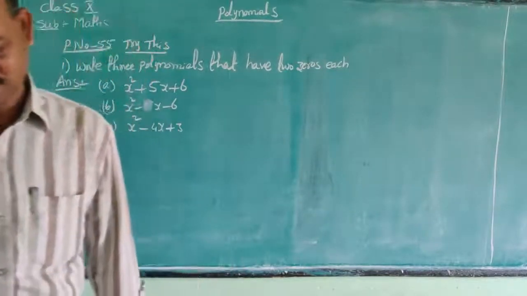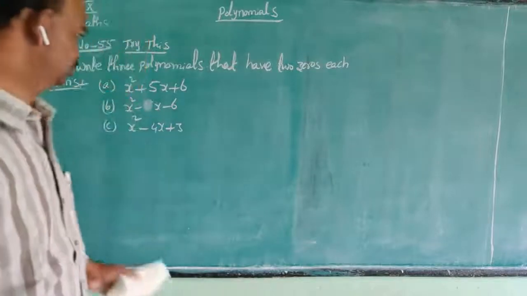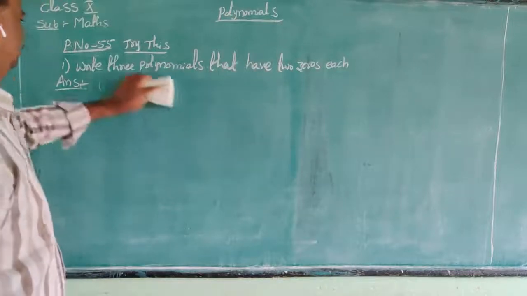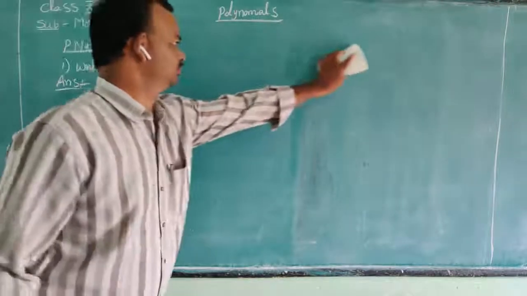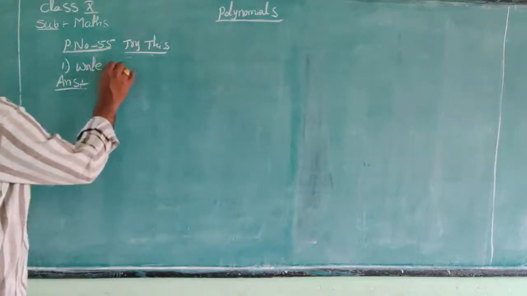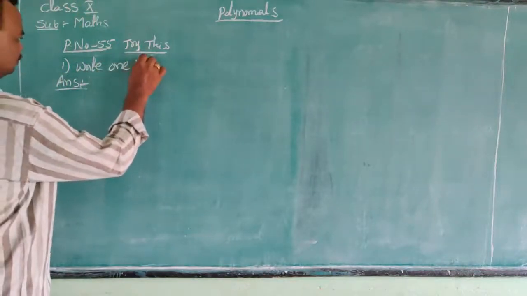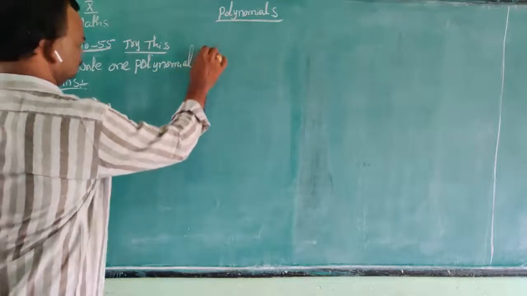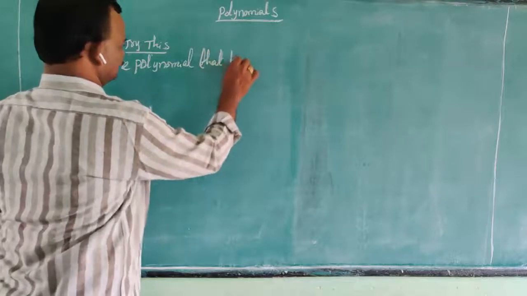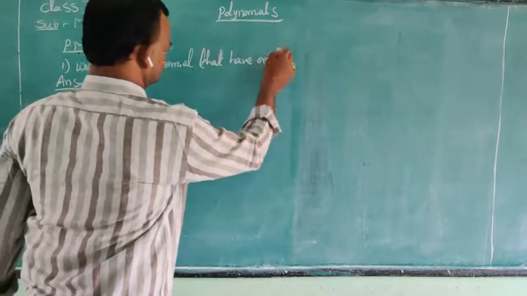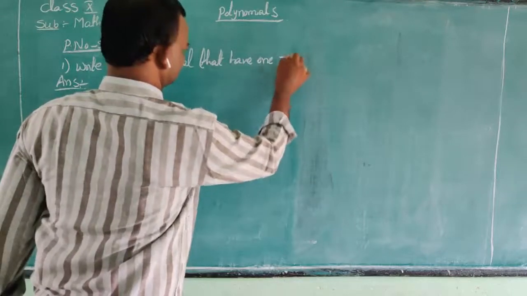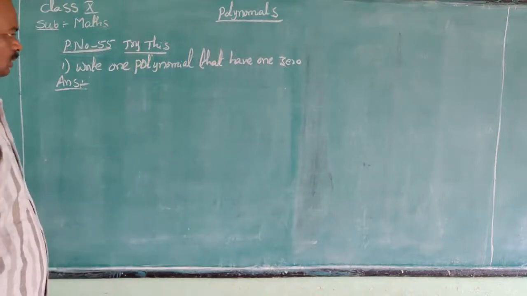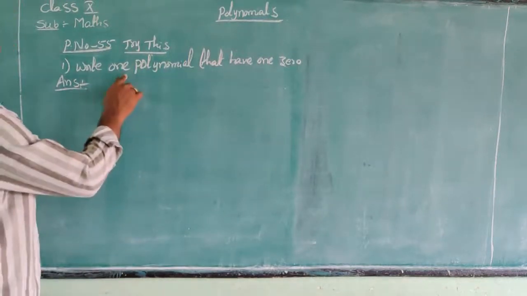Write one polynomial that has one zero. So here, one polynomial that has only one zero.